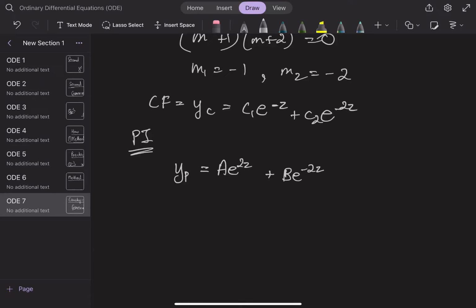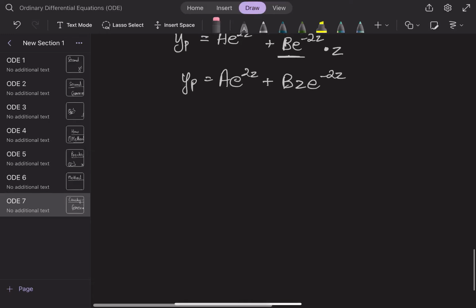Now again we have the problem of linear dependency. This term is similar to this term, so we will multiply this with z. So your YP becomes A e raised to 2z plus B z e raised to minus 2z.